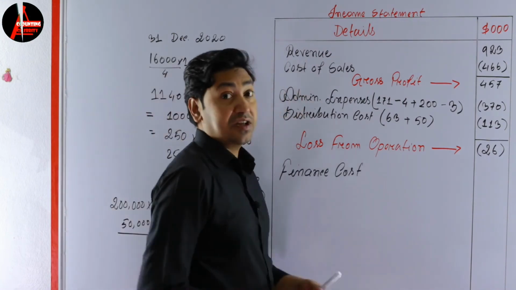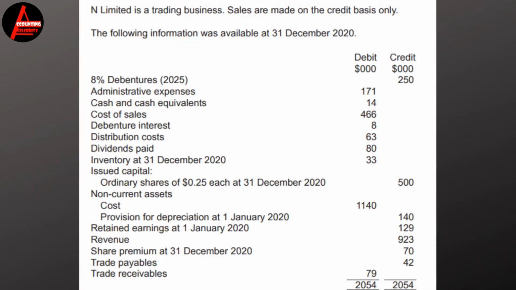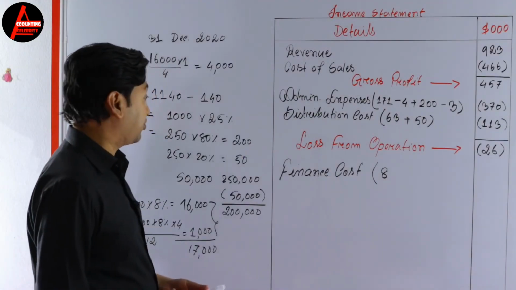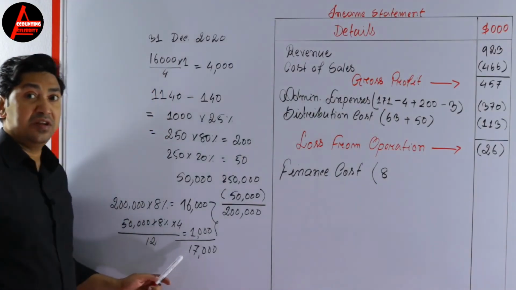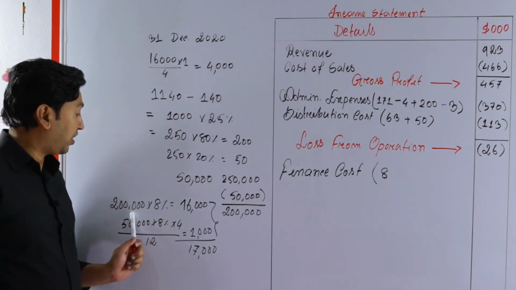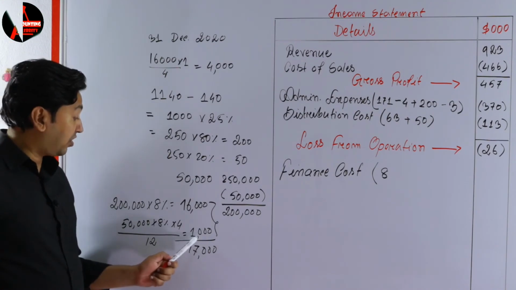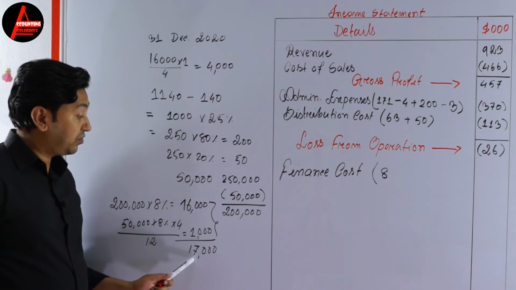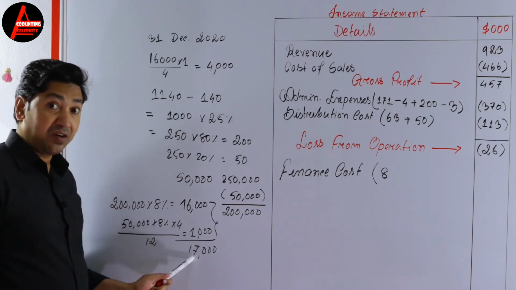Let us have a look at the question we have here. Debenture interest $8,000. But what is our actual amount? Here we calculated debenture interest. It is $16,000 for $200,000 and $1,000 for the $50,000 debenture. Total interest on debenture is $17,000.